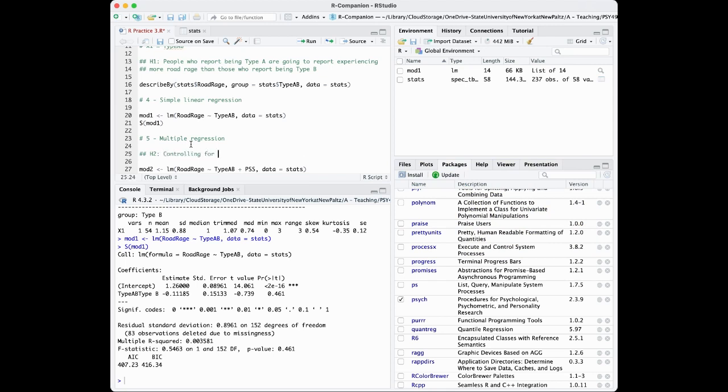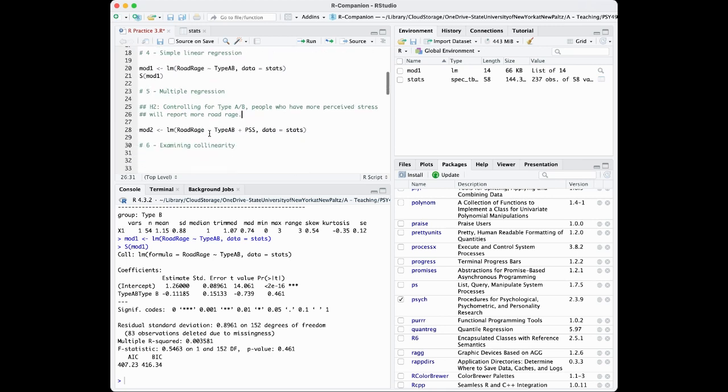Controlling for type AB, people who have more perceived stress will report more road rage. That's my second hypothesis. That's one way to say it, or holding type AB constant, or as we've talked about in class, there's a variety of ways to do that.